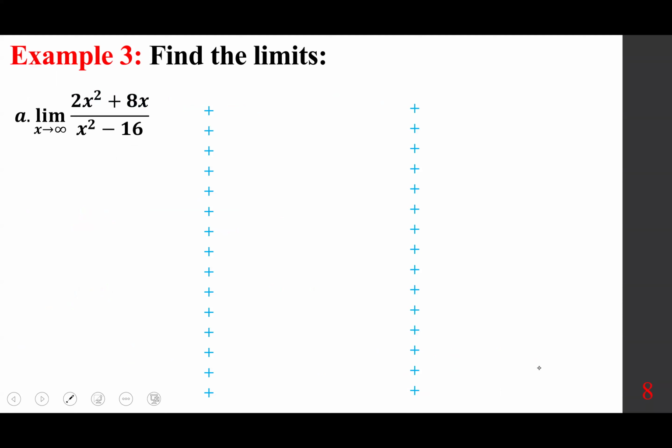This is an example. If you plug in, you get infinity over infinity. But anytime you have a rational function and x approaching infinity or negative infinity, the technique is to divide by the highest degree term.